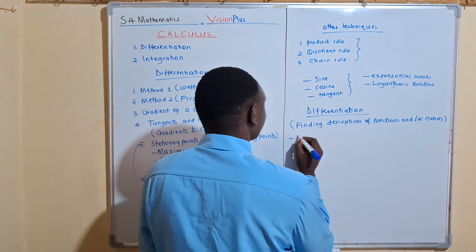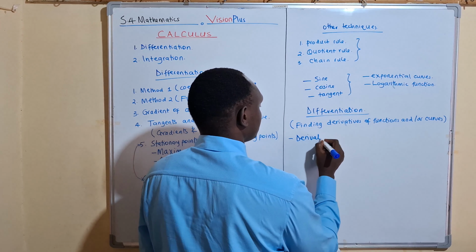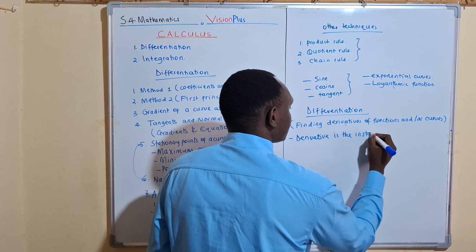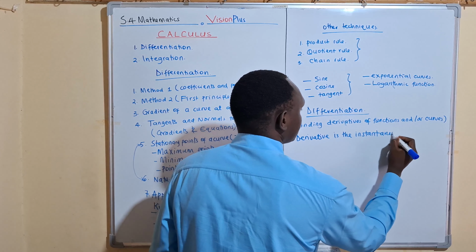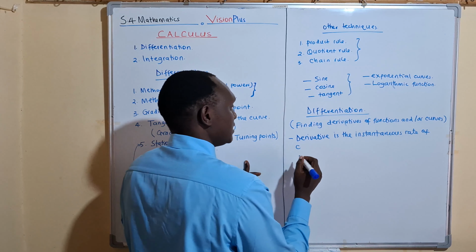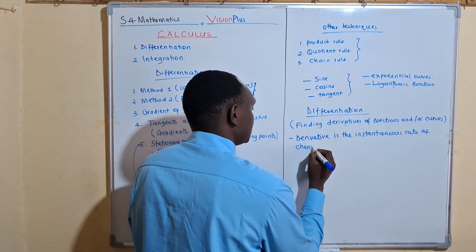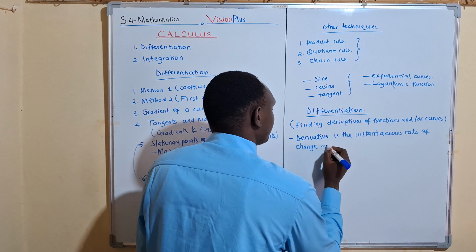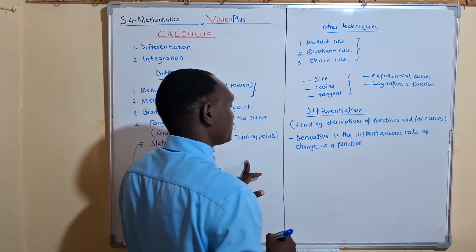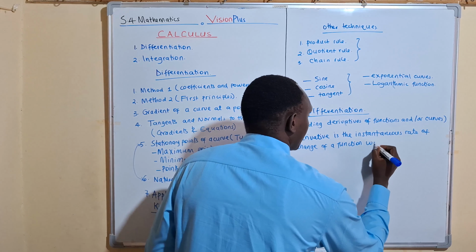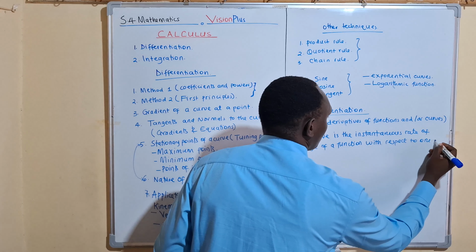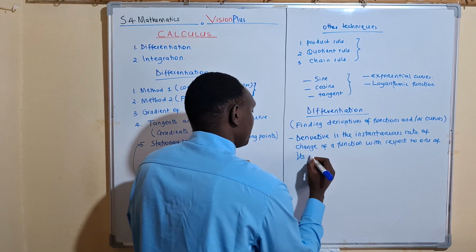A derivative is the instantaneous rate of change of a function with respect to one of its variables.